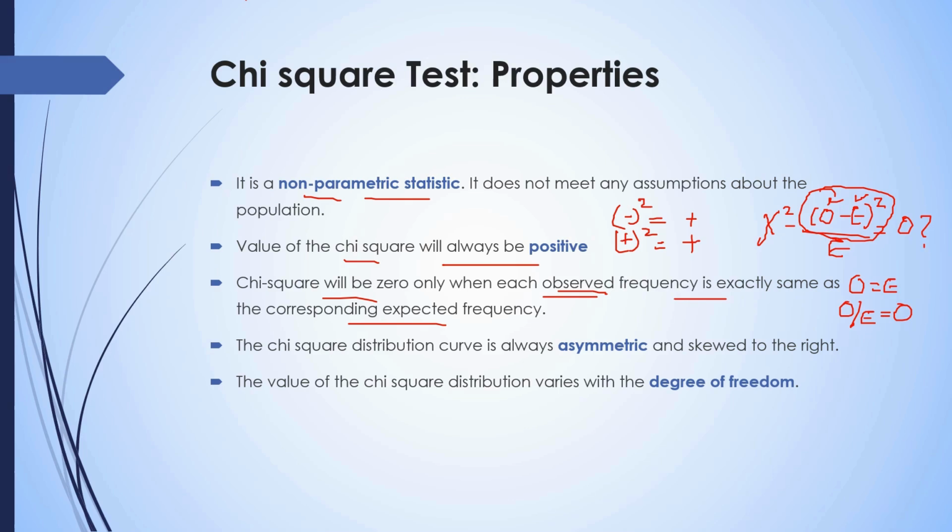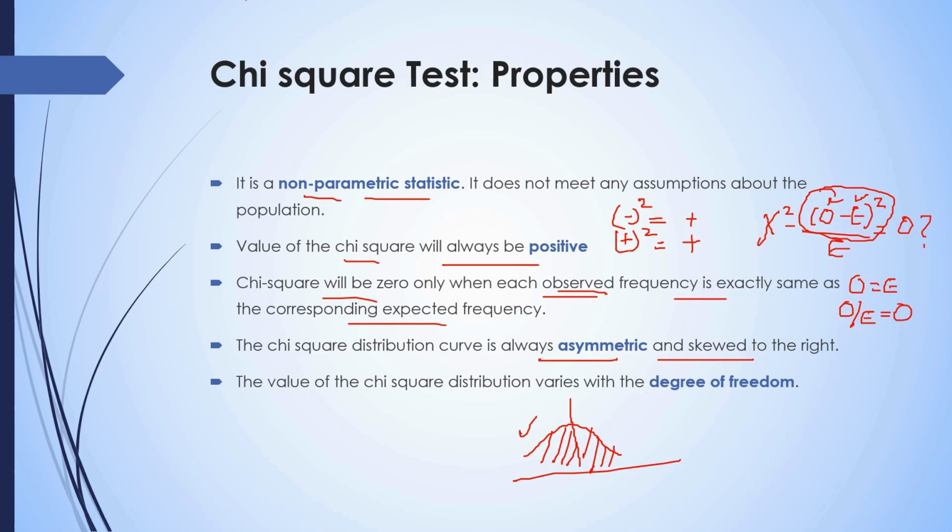The fourth property says the chi-square distribution curve is always asymmetric and skewed to the right. This also we have seen. So what do you mean by asymmetric and symmetric curves? A symmetric curve is one which you can divide into two exactly equal halves, and this would be a normal curve which you see in parametric tests.